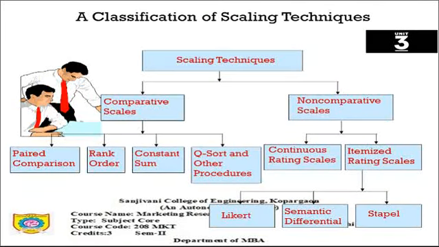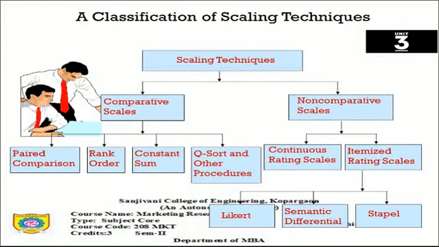Just a recap of the first part. Dear students, we tried to analyze scaling techniques, in which we first covered comparative scales, wherein we analyzed what is paired comparison. Remember what is paired: 0 and 1, 1 for column, 0 for row, and then the sum is calculated and we can easily find out which is the most preferred in a comparative comparison.